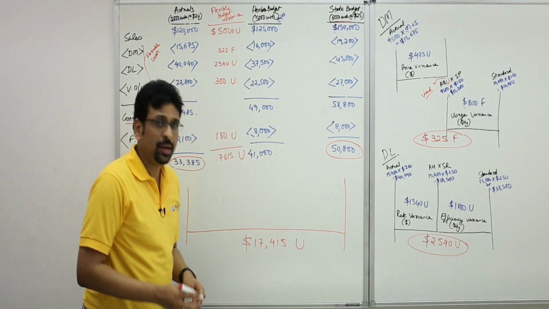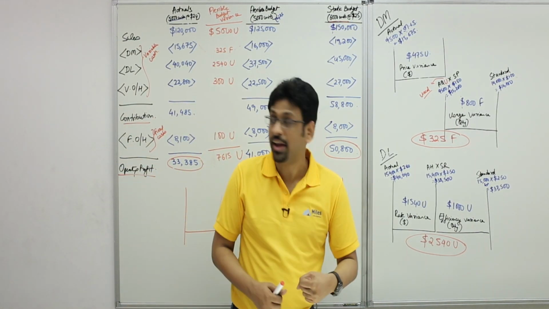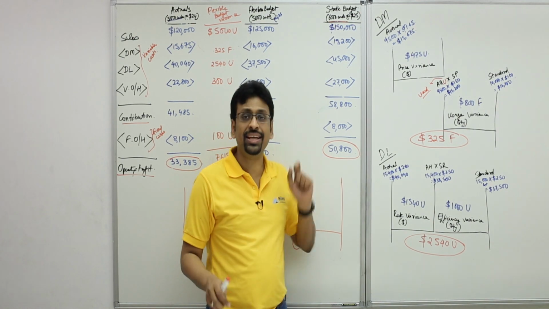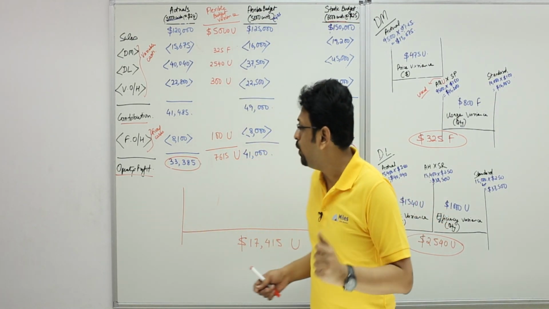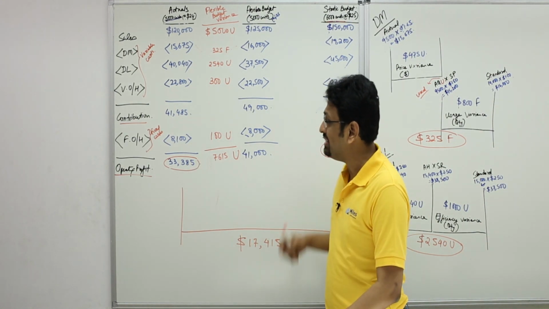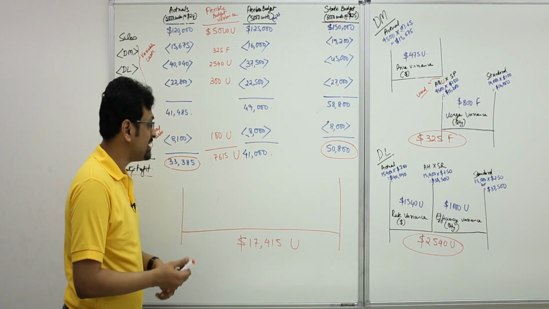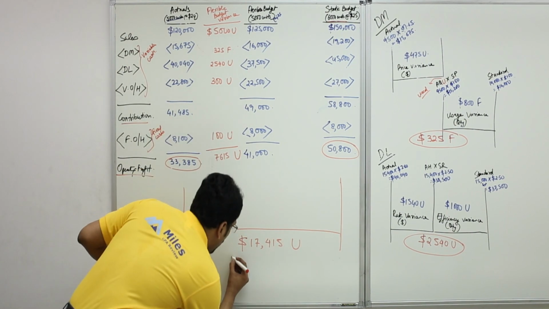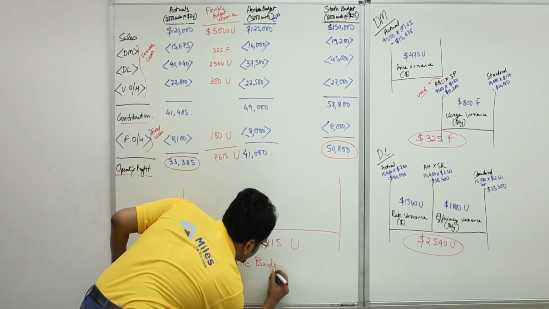So as per the static budget, we expected that the entity was going to have an operating profit of $50,800. But they did a bad job. They only had an operating profit of $33,385, $17,415 unfavorable.